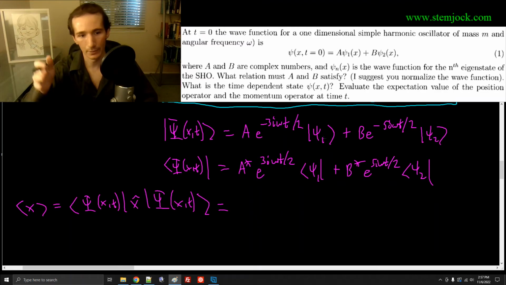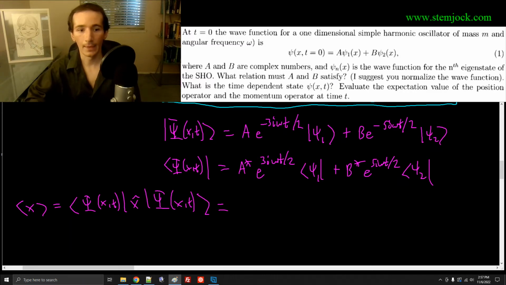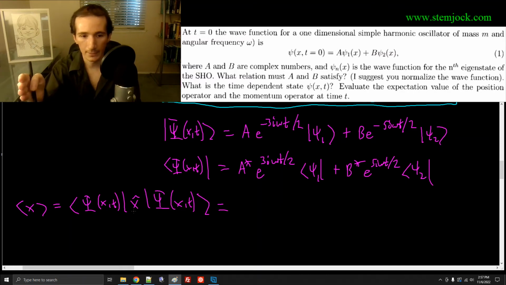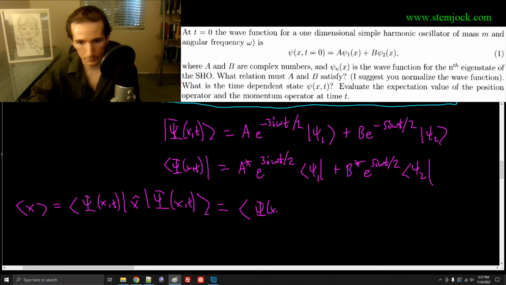So it's best to evaluate this indirectly using bra-ket notation, and the fact that the position operator can be expressed very conveniently in terms of ladder operators. So this is equal to the bra psi(x,t), square root of h bar over 2mω, (a_plus hat + a_minus hat).